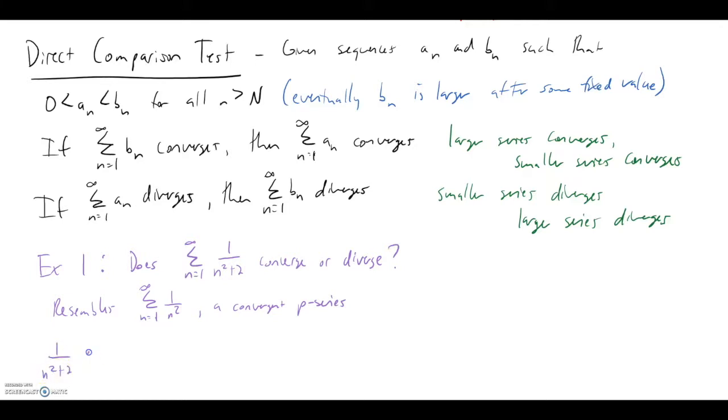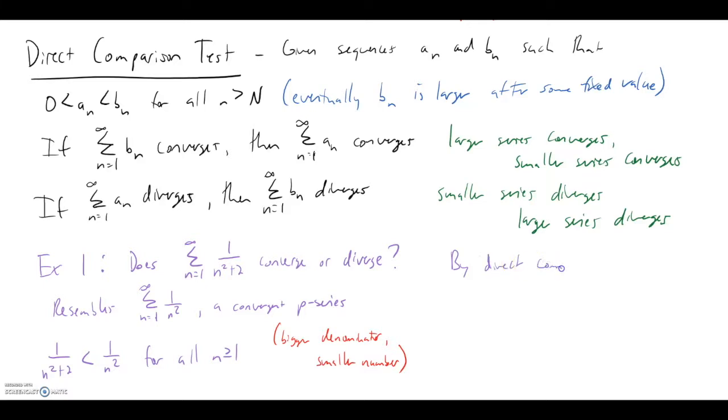And we can note that every term for 1 over n squared plus 2 is less than every term for 1 over n squared for any value of n greater than or equal to 1. And we know this because in the new series, we're adding 2 to the denominator, but we're keeping the numerator the same. A bigger denominator is going to mean a smaller number overall.